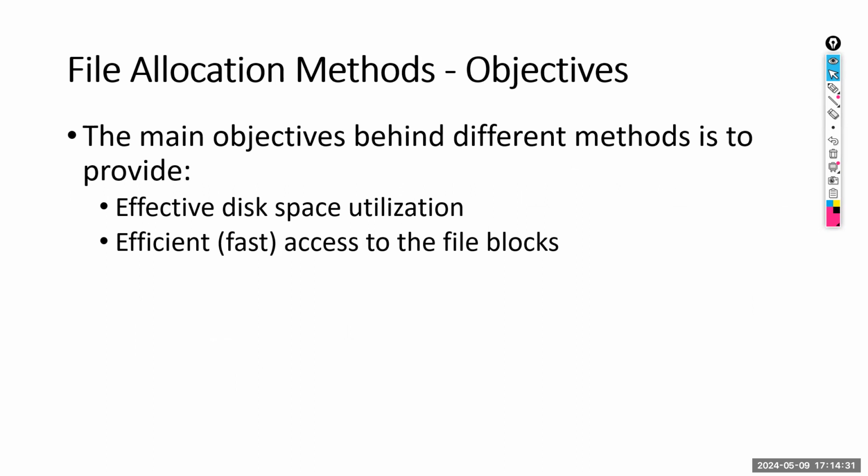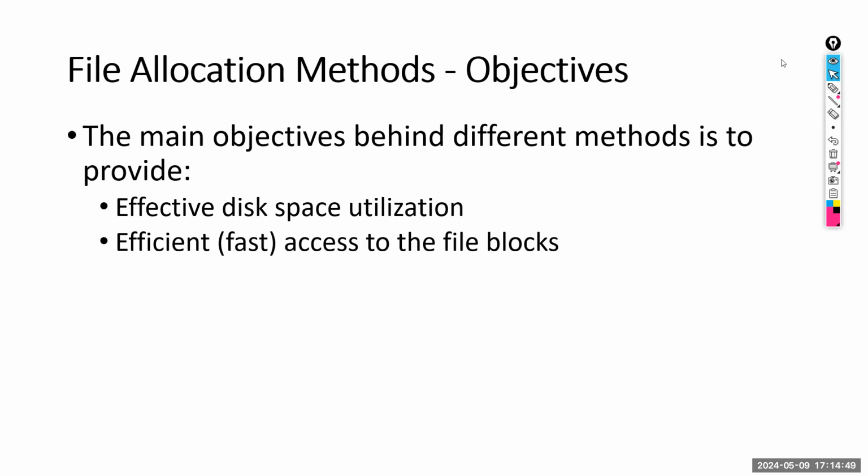So when it comes to managing files, we call it file allocation, which is done by the operating system. How does your operating system persist your files or contents in the secondary storage?